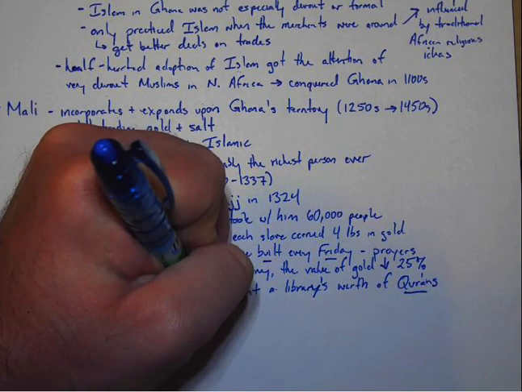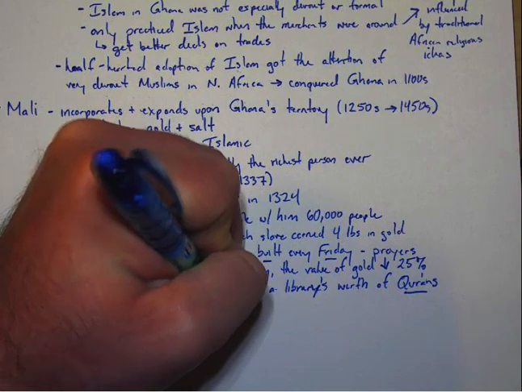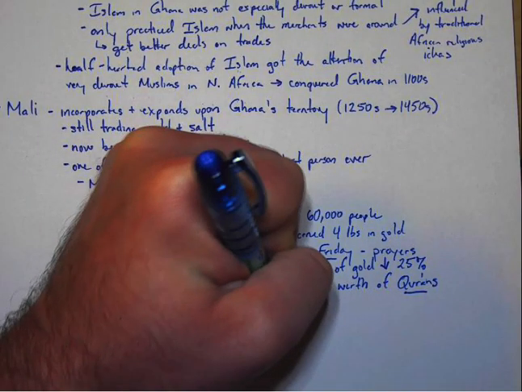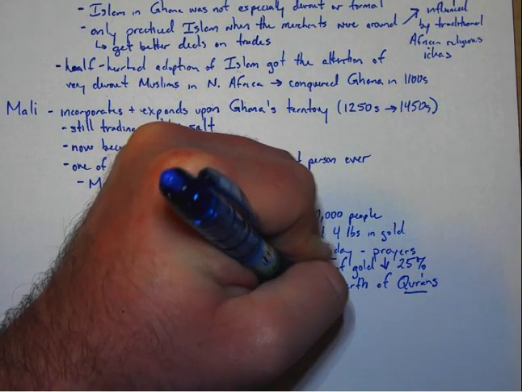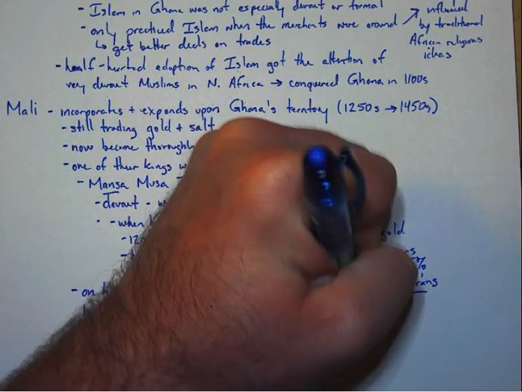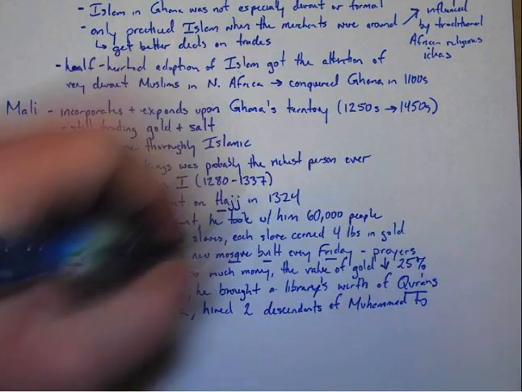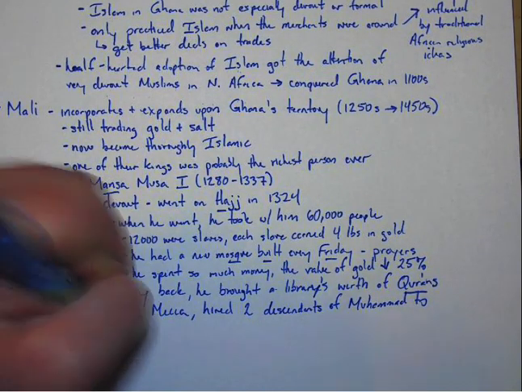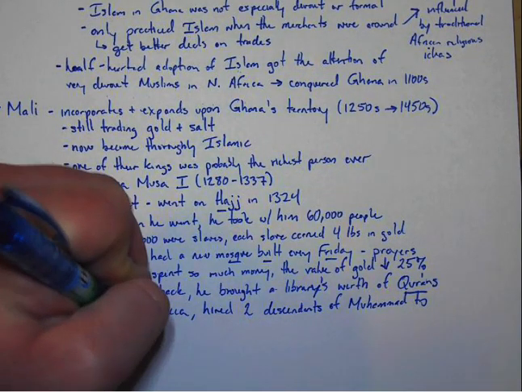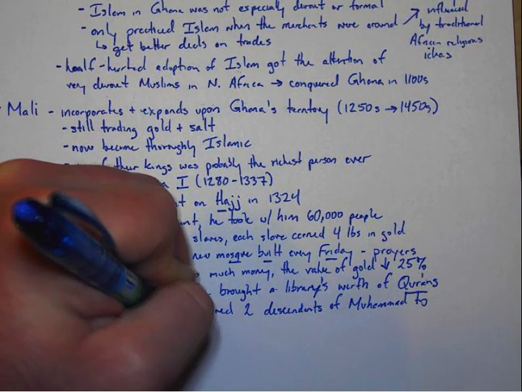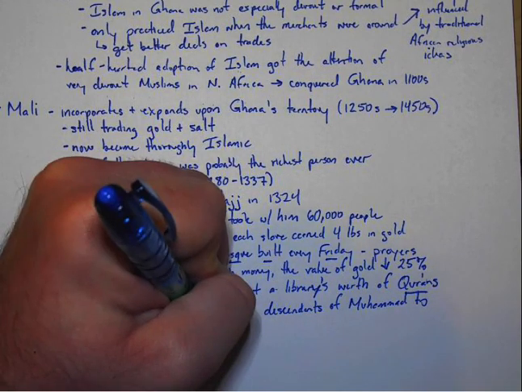And he also hired two descendants of Muhammad to teach in his capital, Timbuktu.